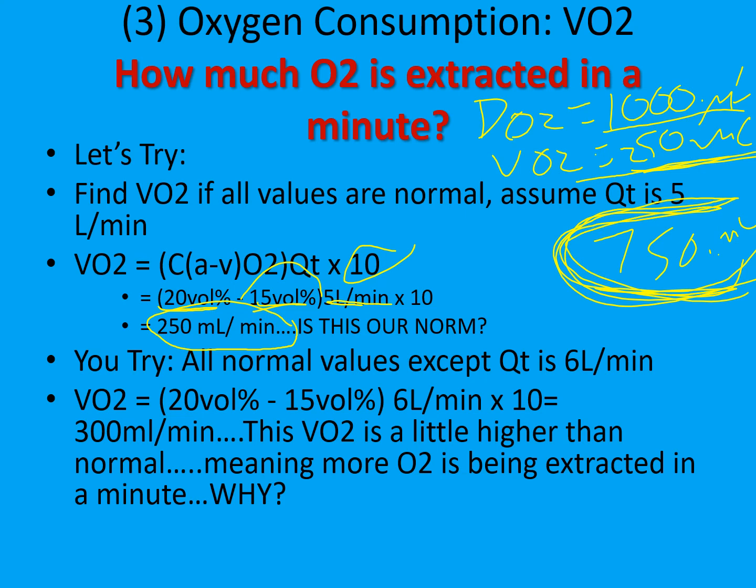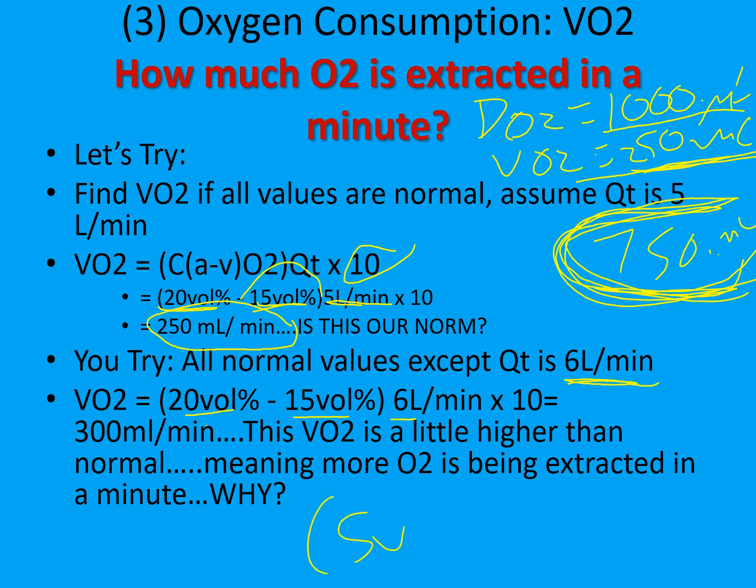I don't know. So when we're looking at this, let's try plugging in different values. So let's try all the normal values, except this time our cardiac output, we're going to increase it. Okay, so 20 volumes percent, normal. 15 volumes percent, normal. But then we go to the higher end of normal for cardiac output. So 20, so we have 5 volumes percent, right? So down here, I'll just do it here.